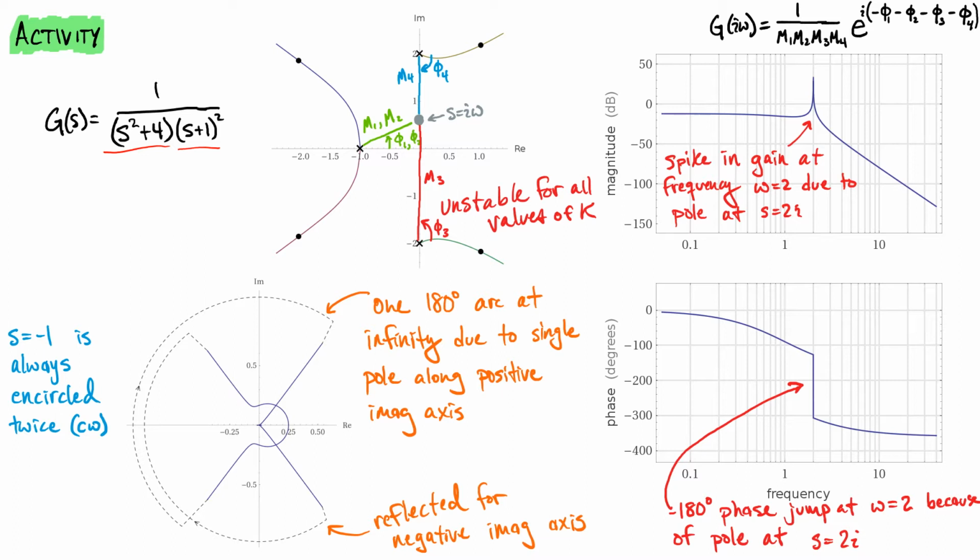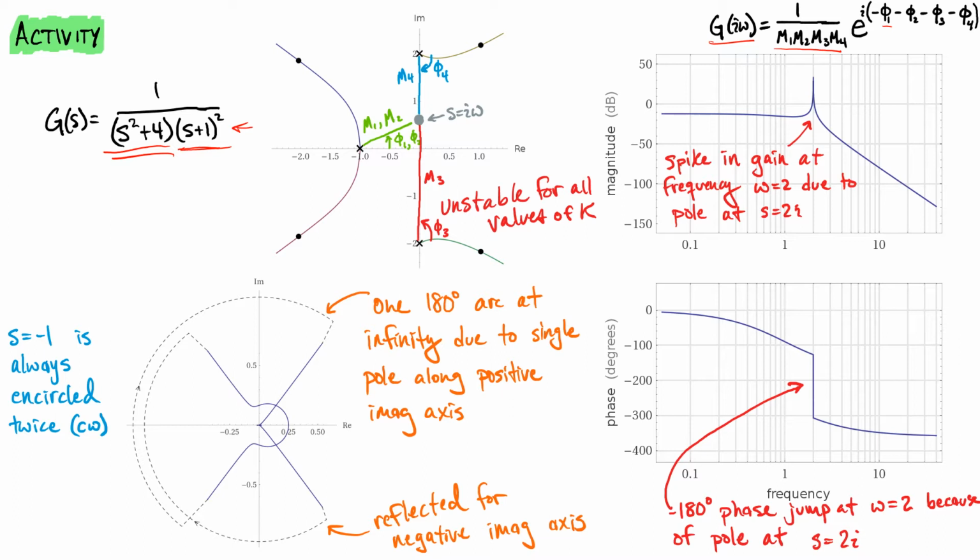Keep in mind that if we evaluate the transfer function along the imaginary axis, in this case for the Bode diagram along the positive imaginary axis, each of these terms can be thought of as contributing 1 over their magnitudes, which all multiply, and each of the phases enters with a minus sign because they start in the denominator, and all of those add together to create the overall phase.